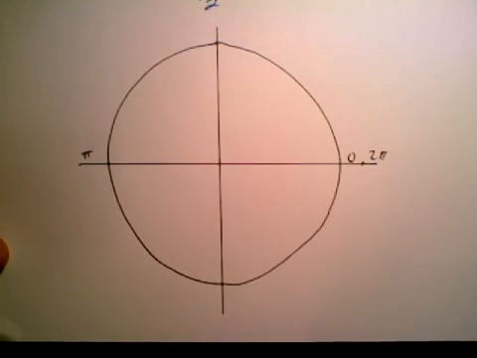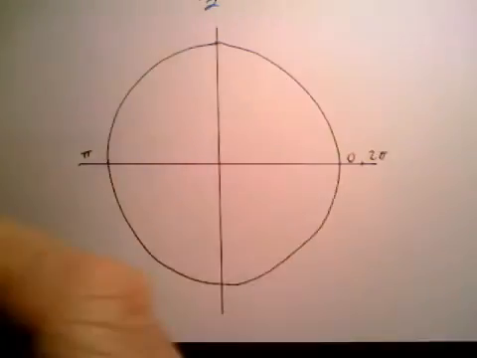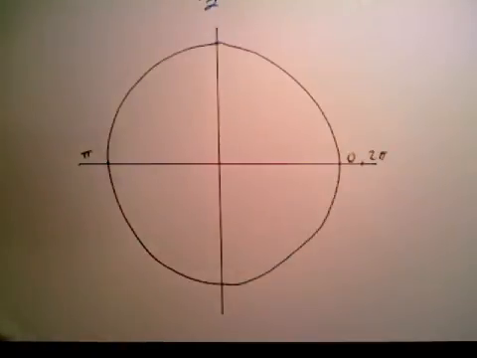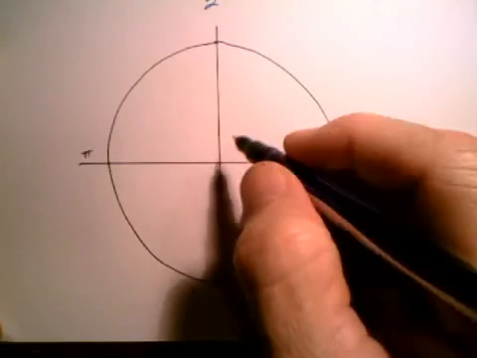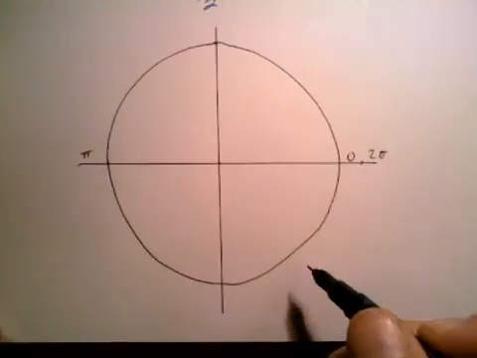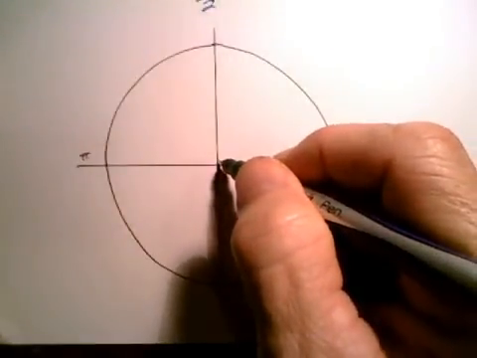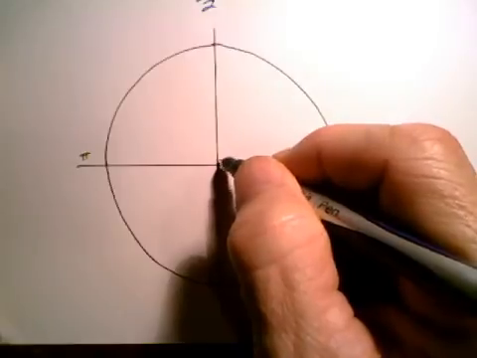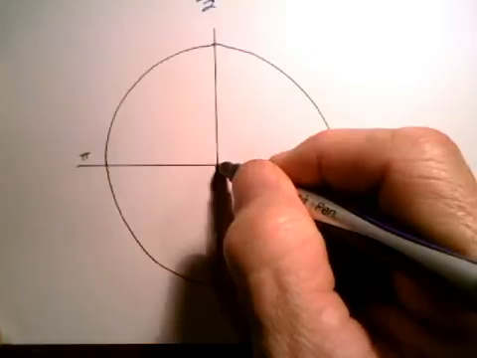Now, instead of dividing the top half of the circle into halves or fourths, we're going to divide the top half of the circle into, I could divide it into thirds, but then I'd miss that middle one. So let's divide it into sixths. Okay, so if we divide the top half of the circle into sixths, like we're slicing a pizza, okay, so we slice the top right, so in the first quadrant, that would be into thirds.